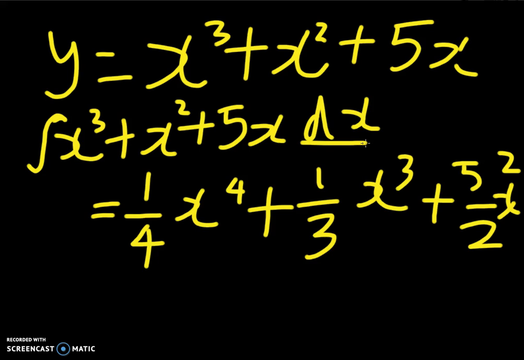And to test our answer, if we derivate this, you will get the original as your answer. So derivation is the exact opposite of integration, and integration is the exact opposite of derivation. So to recap, if you want to integrate a function, you just have to think what function's derivative will give you the question.